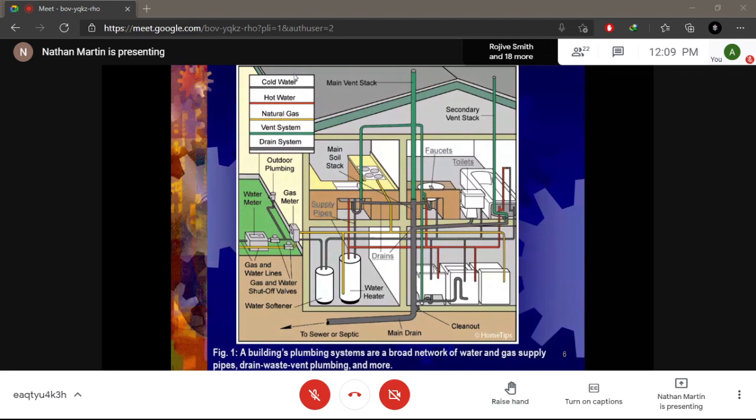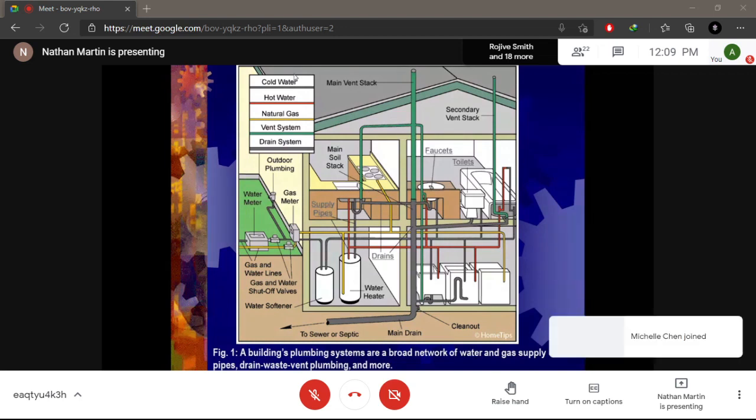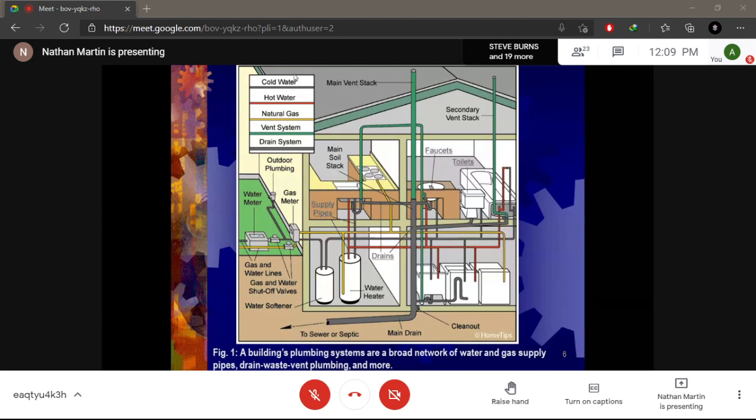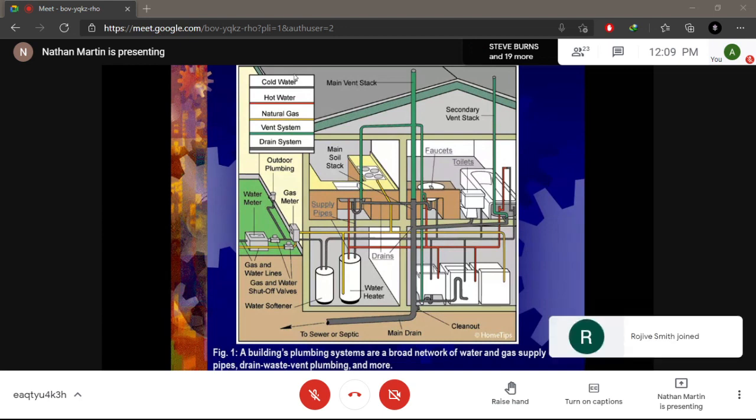The potable water will be different from the other systems. However, the water is what is given off after we have used it for its usefulness. Then it will be sent to the drain system.